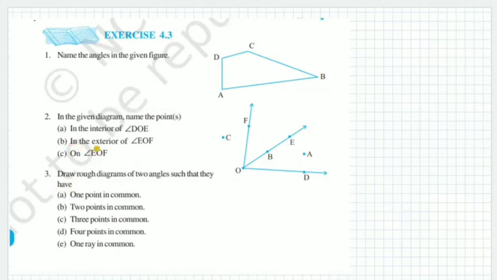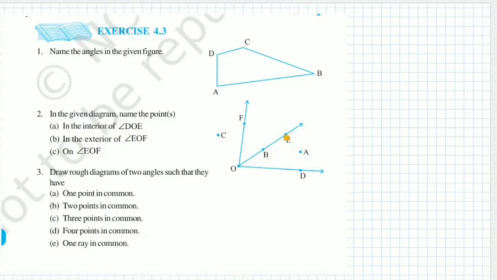Next one is in the exterior of angle EOF. Where is EOF? See, E is here, OF. So angle EOF means this one. They've asked about the points in the exterior of EOF.